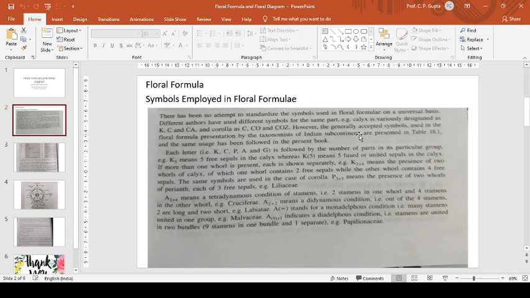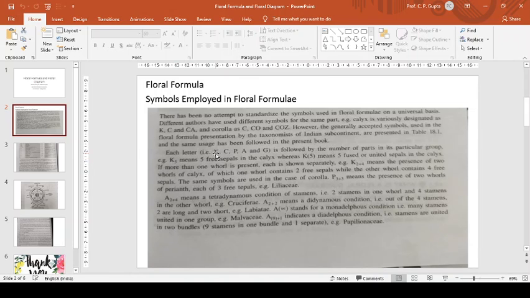However, the generally accepted symbols used in the floral formula presentation by the taxonomists of the Indian subcontinent are presented in the table given in the next slide. And the same usage has been followed in the present book.